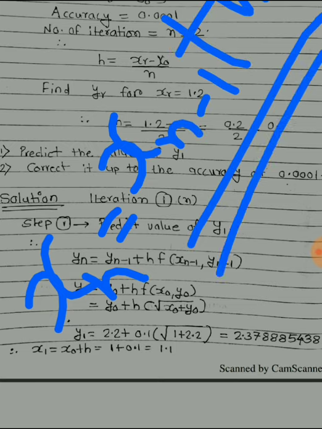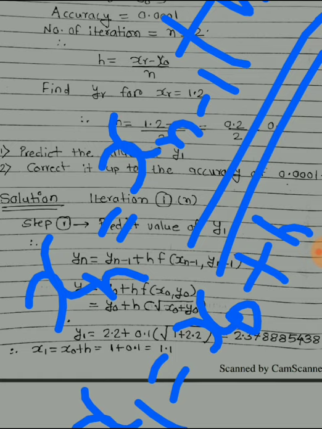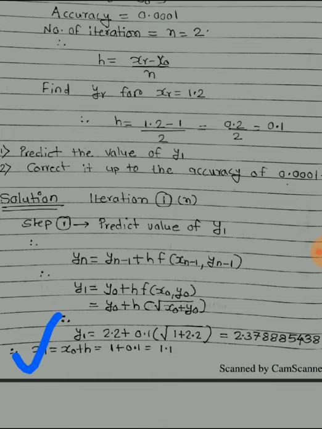So I have got x1 equals x0 plus h. h is the step size, no doubt everyone knows now. So x0 is the initial value, the step size is added, and it becomes the new value of x. So that is why x1 equals x0 plus h. If I put the values of x0 and h, I get this equal to 1.1.